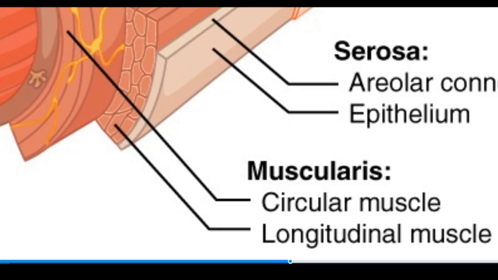Some sources will refer to it as the muscularis externa to differentiate between the two, but it's just the muscularis. In the stomach, the muscularis has an extra layer of fibers called oblique fibers, and when we get up into the pharynx and the oral cavity, the muscularis is a little hard to define because we stop seeing smooth muscle and we start seeing skeletal muscle and particular muscles in the walls of those regions.